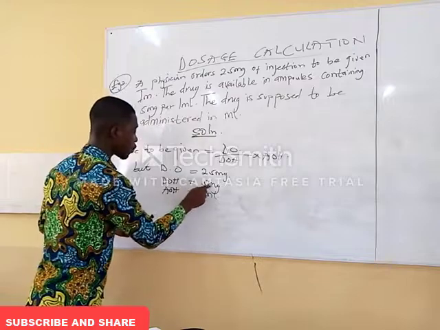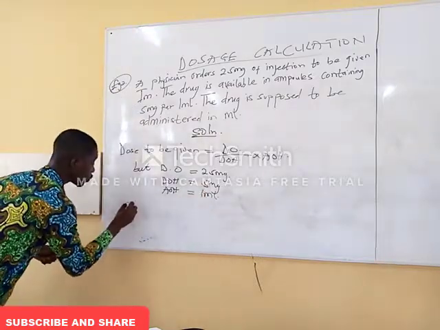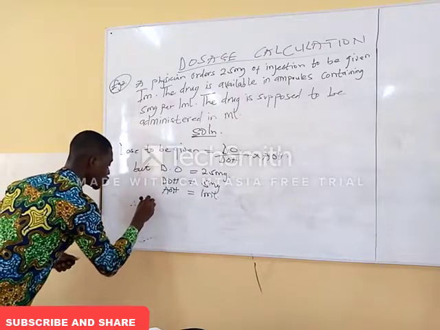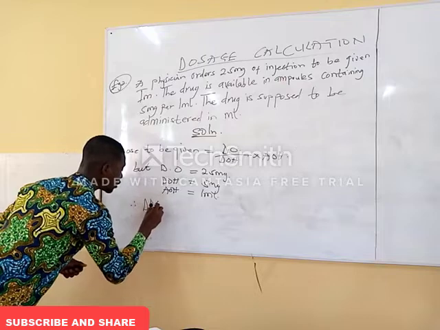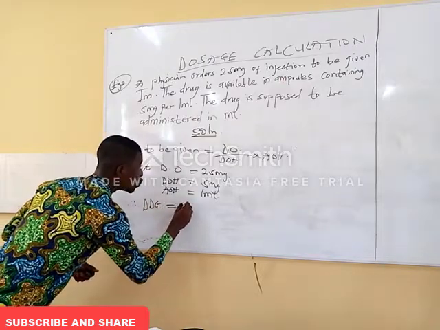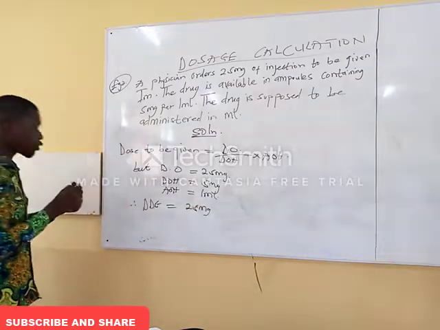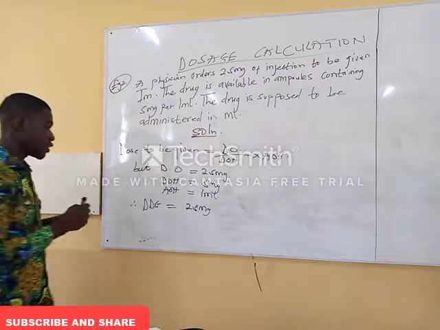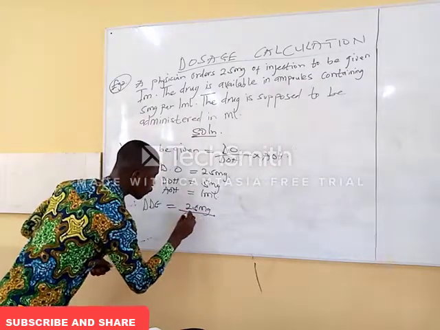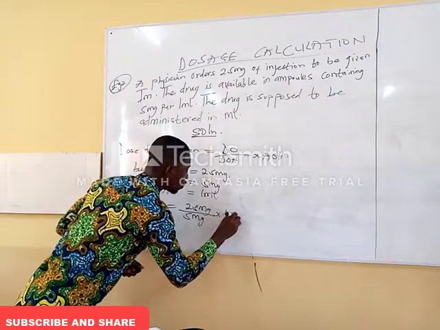Therefore, dose of drug to be given is equal to 2.5 mg, because the question says the drug is supposed to be administered in mils, over 5 mg times 1 ml.